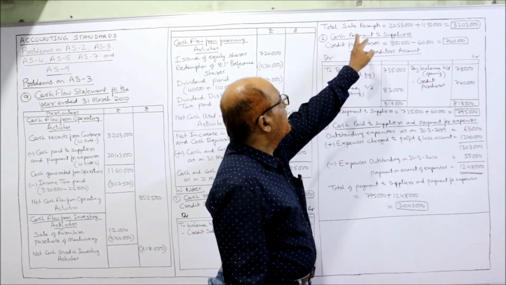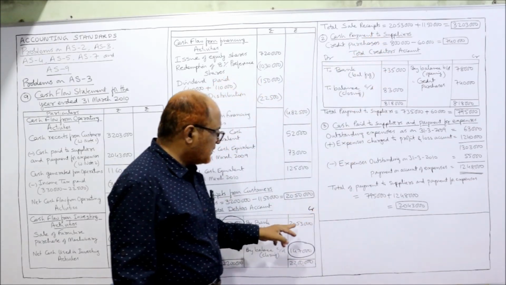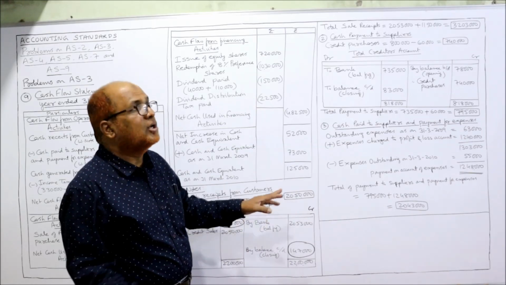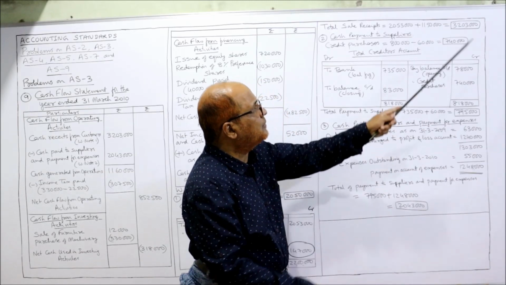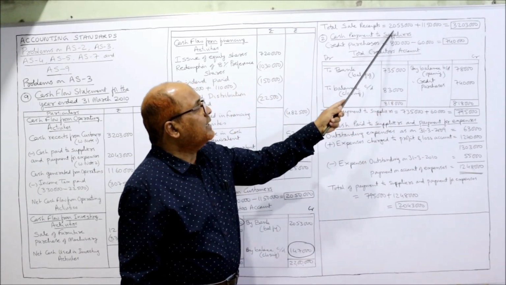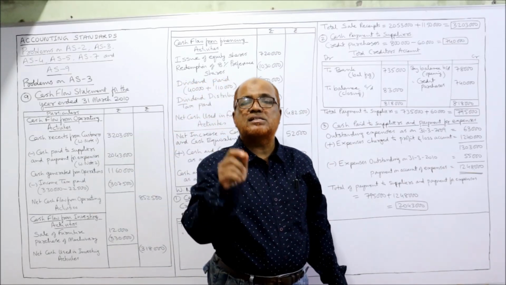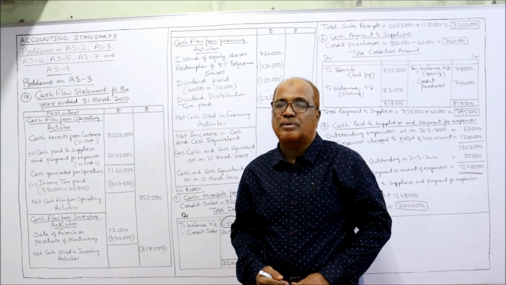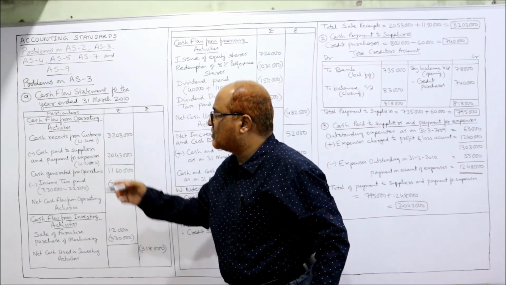Here you can see, 20,53,000 is the receipt from credit customers and 11,50,000 is the cash sales. So total receipts are 32,03,000. These are the cash receipts from customers. So here you have taken 32,03,000 as cash receipt from customers.